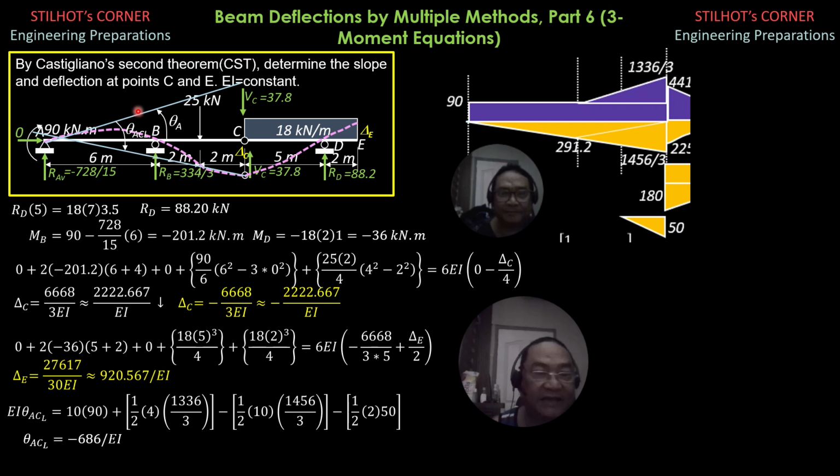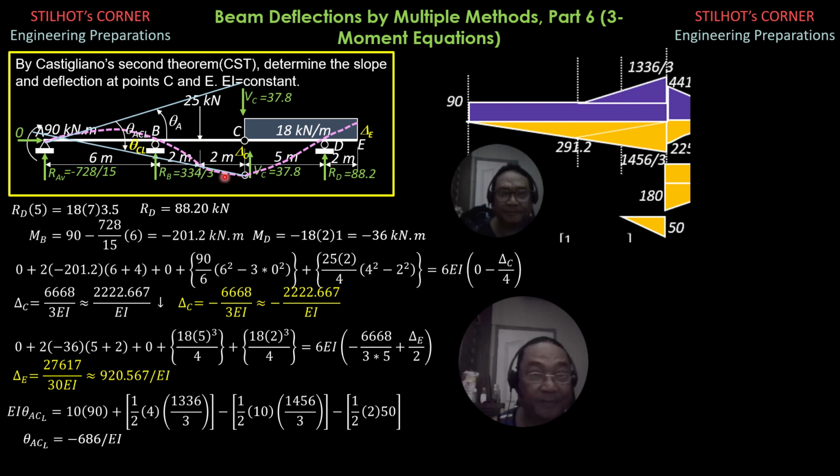That's theta A, and this angle theta A is positive if that's correct, because it is inclined up to the right. Then this is theta C left, which is anticipated negative because the tangent at C left is clockwise from the horizontal.